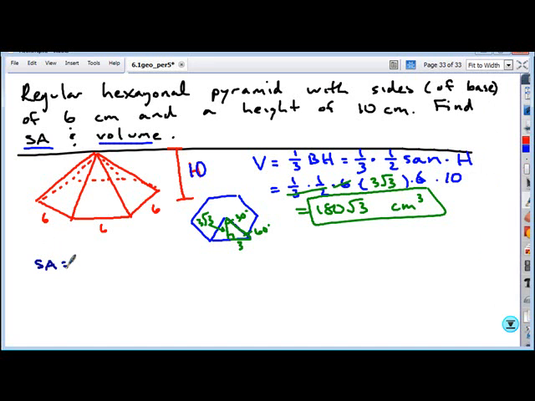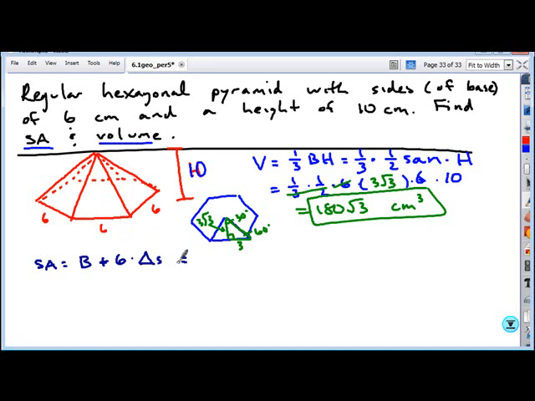It's just the sum of all the faces of this solid. We take our base, there's only one of them, and to that we add all the triangular lateral faces. All of those faces are exactly the same because the base is a regular polygon, so we can take 6 of these triangles and add it to our base.